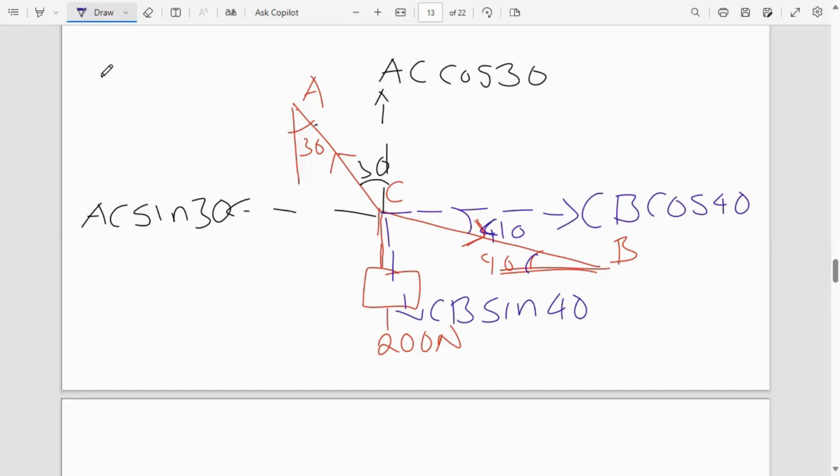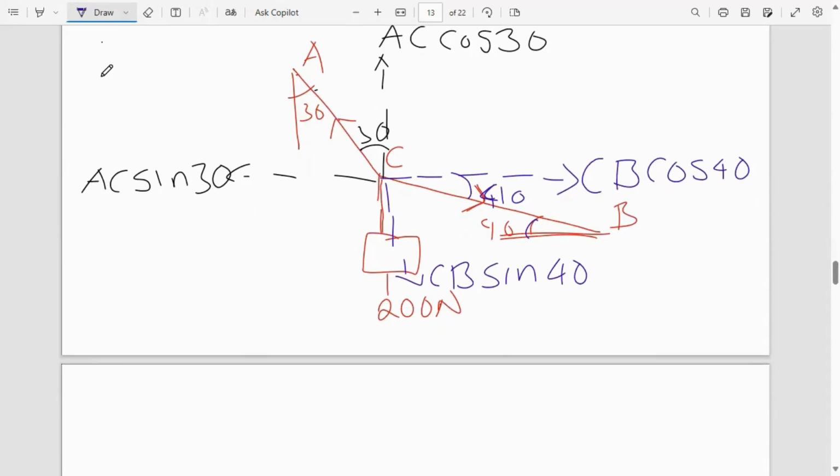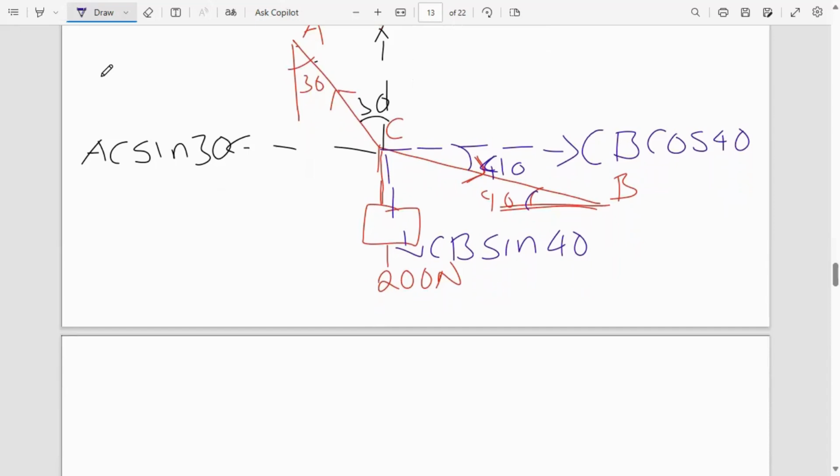This diagram, or the objects in this diagram, are at equilibrium. So what can we do? We can now bring in our second law of motion, and since these are at equilibrium, there is no acceleration anywhere. That means the summation of the forces is equal to zero. So let's look at the forces in the x-axis. Summation of forces in the x-axis will be equal to zero.